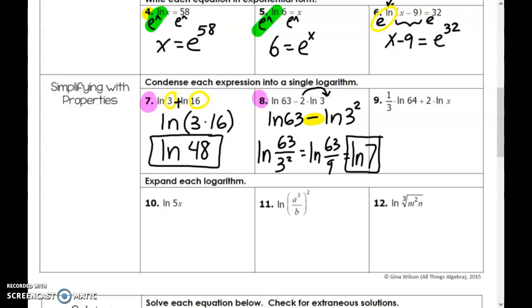All right, let's see. That 1/3 is going to be the power of 64, and this 2 is going to be the power of x. So here we have the natural log of 64 to the 1/3 power times x squared. We're doing the times here because these are being added. So if we want this to all be in basically one natural log, one logarithm, that's why the 64 to the 1/3 multiplies by x squared.